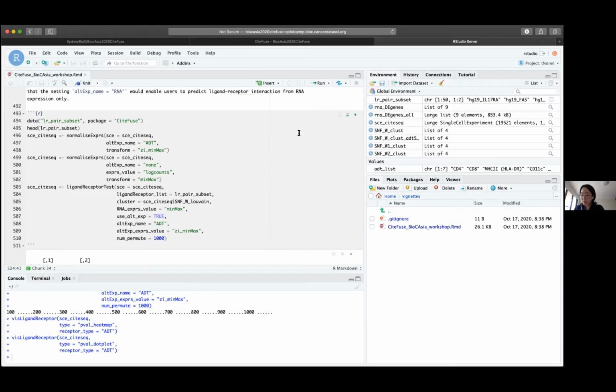We also have another question. Does the tool support differential abundance analysis? This is a great question. At the moment, we haven't incorporated differential abundance, but with more CITE-seq data with multiple samples, I think this would definitely be an interesting and useful tool to add.